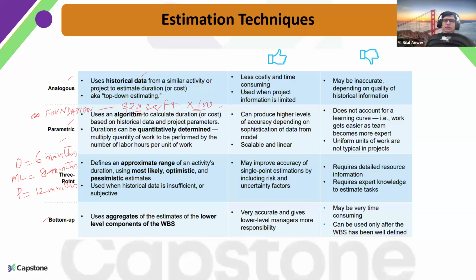But this is not, I think, PMI best practice, right? PMI does not pinpoint any particular estimation technique that you need to follow. They have just given these, and again, based on your requirement, whichever suits you more, you can utilize it. So these are all for predictive, right?